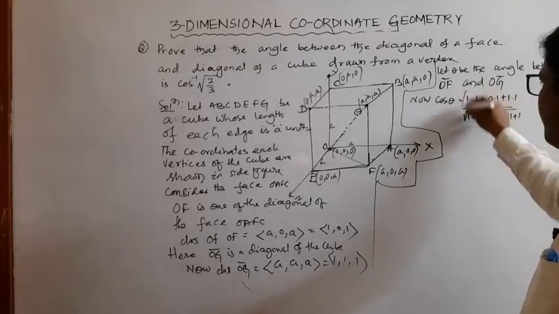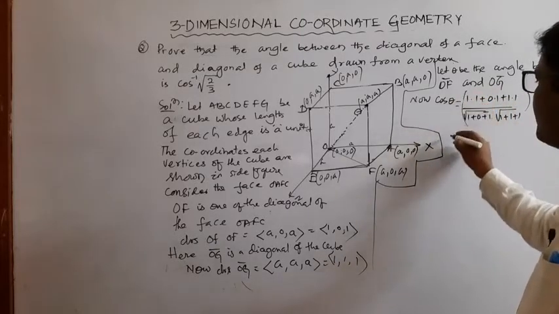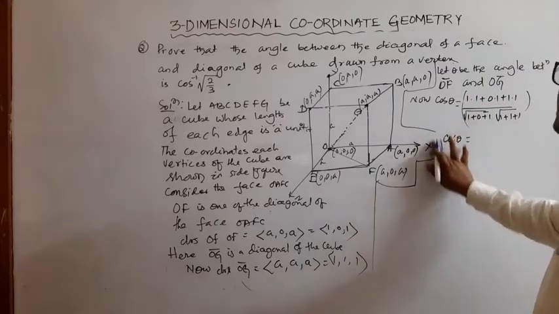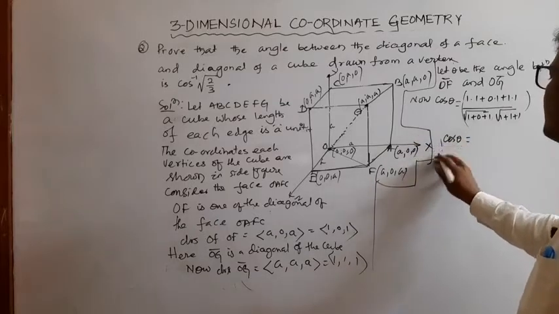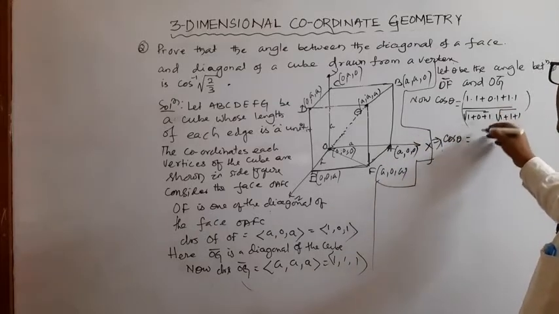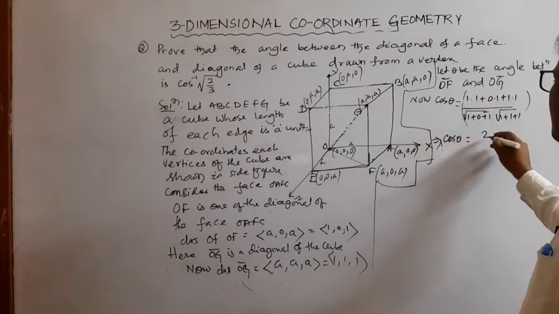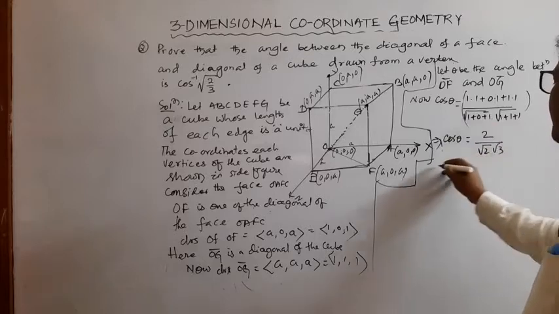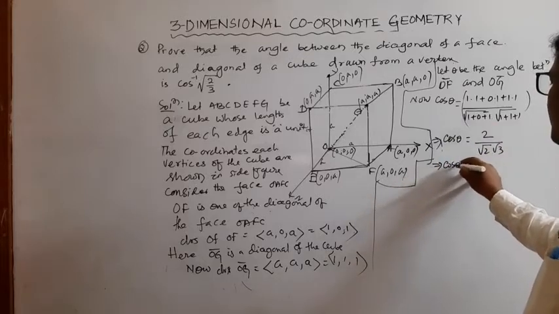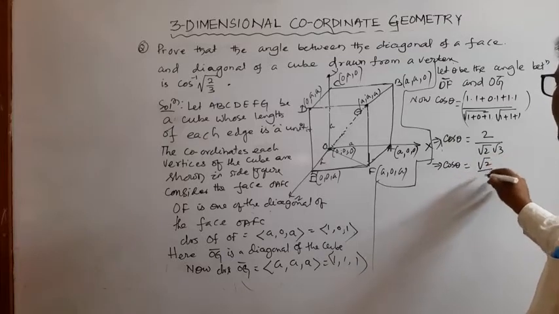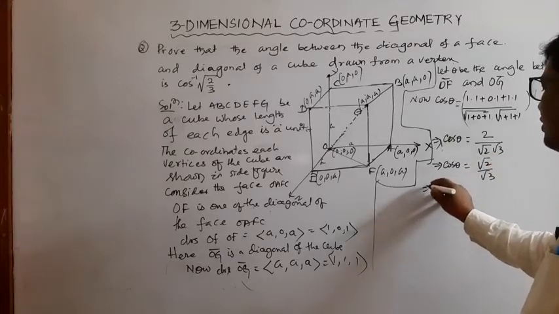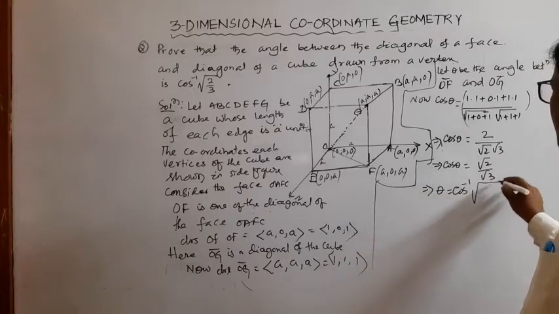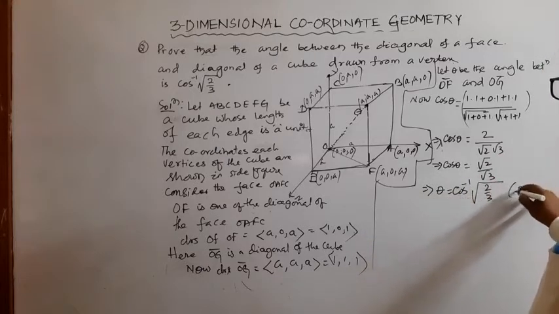That is 1 plus 1, that is 2, over root 2 into root 3. That implies cos theta is equal to root 2 by root 3, or theta is equal to cos inverse of square root of 2 by 3. This is proved.